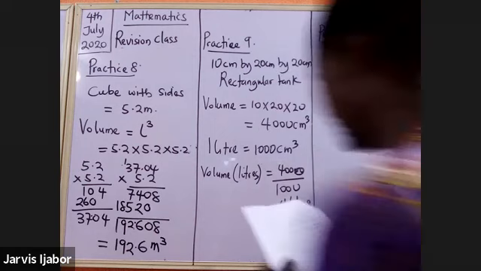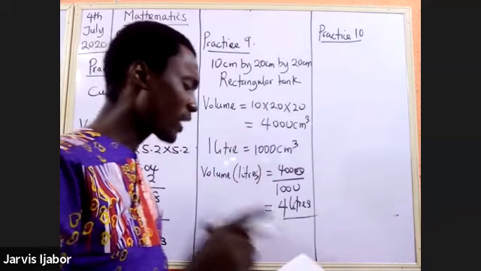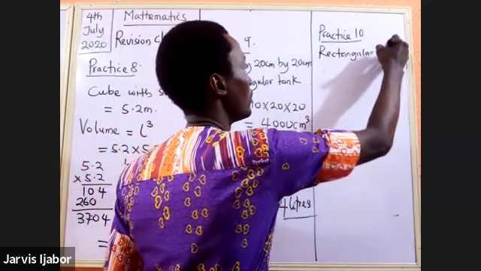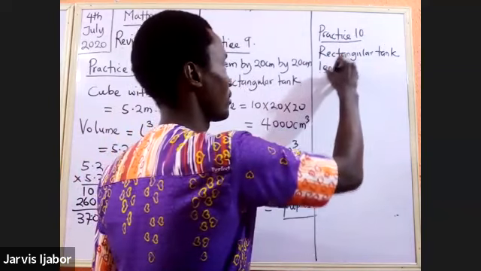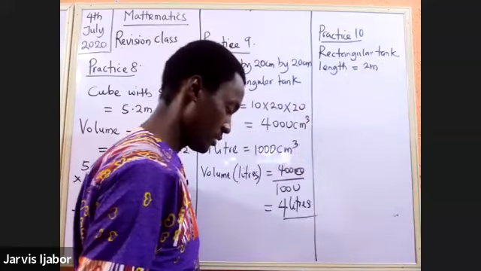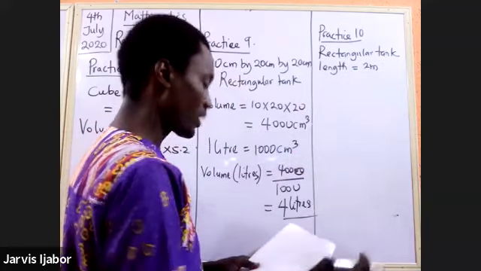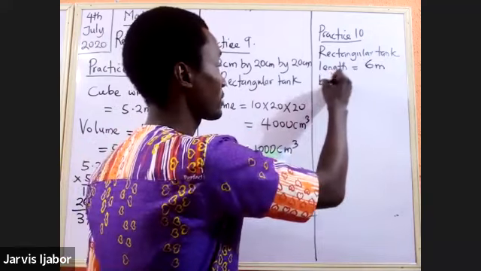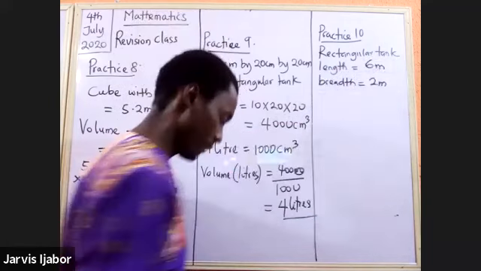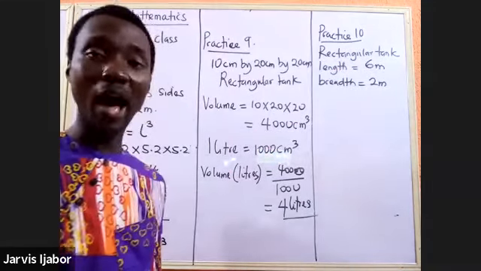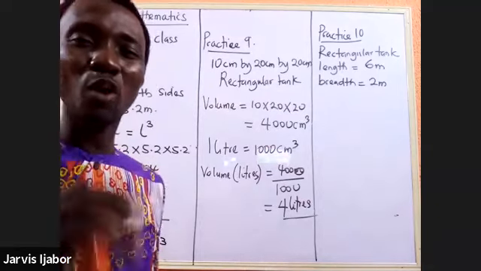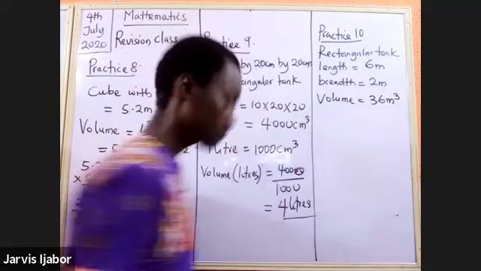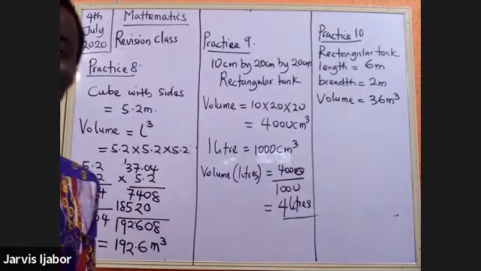Here, it is saying that a rectangular tank 6 meters long by 2 meters wide, meaning that the breadth is 2 meters, holds 36 meter cube of water. It means the volume is 36 meter cube.